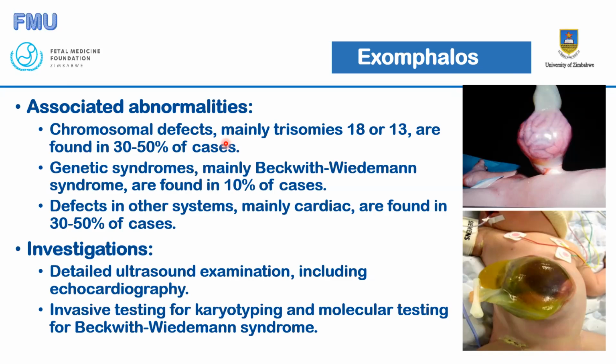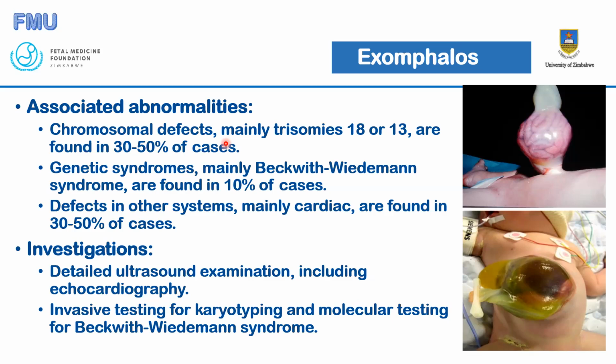So if we pick up exomphalos, it's not the end of the story. The woman will need a detailed scan to rule out associated abnormalities, because the outcome of fetal defects is very much affected by associated defects.